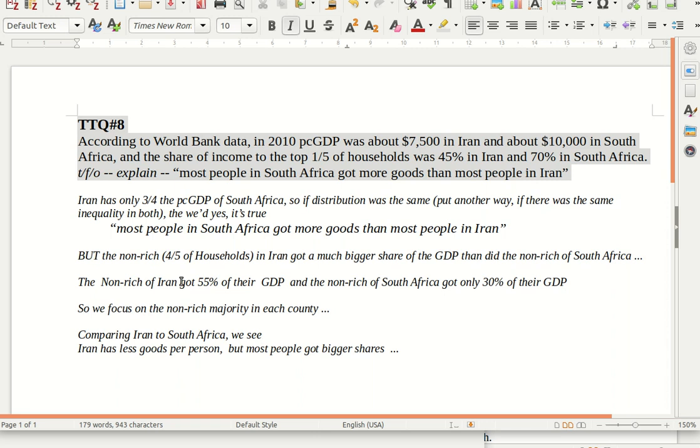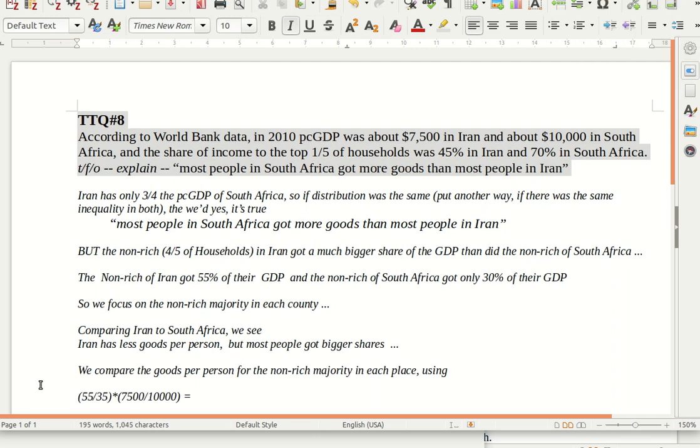Well, as discussed and described in the notes, we can combine the comparisons of shares and the comparisons of per capita GDPs, and by multiplying those together, we'll get a comparison of the goods that the non-rich get in each economy. Let me write that down. So we've got here the comparison of shares that the non-rich get. 55% of GDP goes to the non-rich in Iran, compared to only 35%.